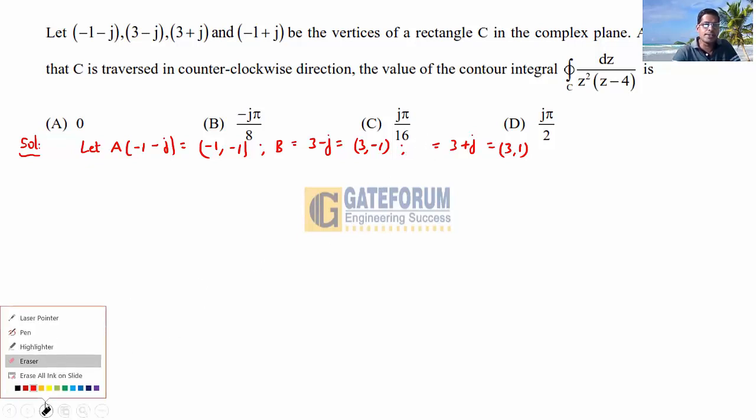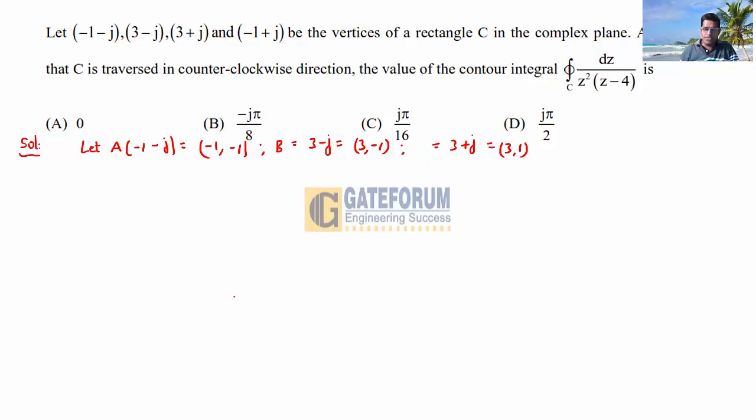I am taking the third vertex D, that is 3 plus j. And E is equal to minus 1 plus j, is nothing but minus 1 comma 1. These are the vertices of a rectangle C.